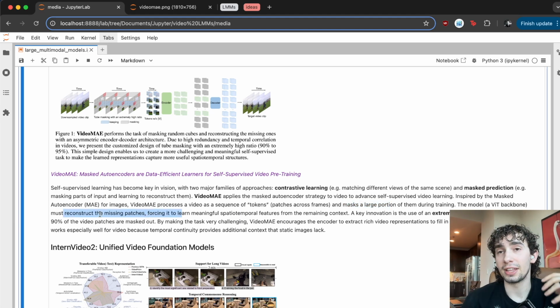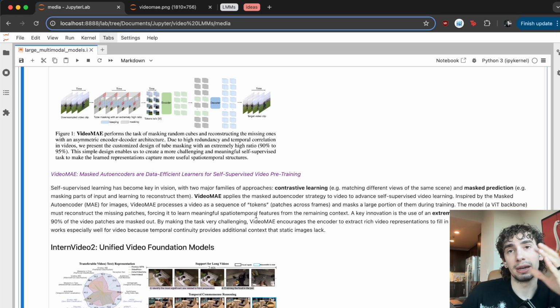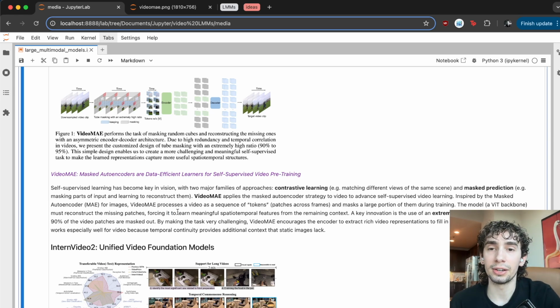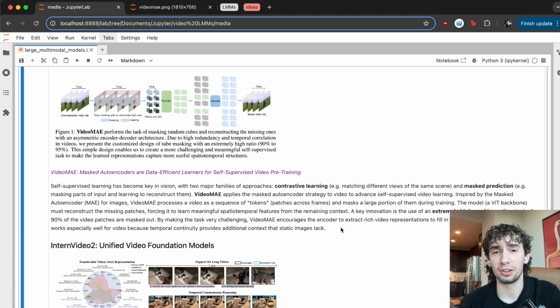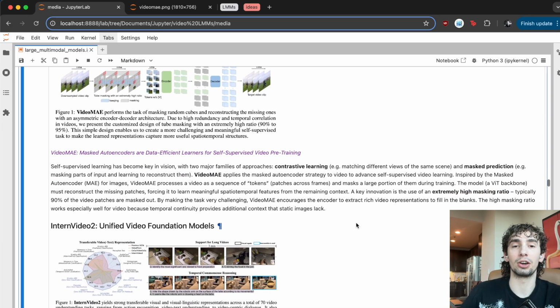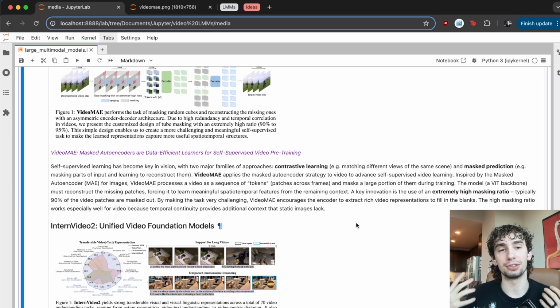Its training is then encouraged to reconstruct the missing patches, and through reconstructing and comparing to the original perfect video that's unmasked, it learns very meaningful spatiotemporal features from the context that it's passed through. And with a few specific techniques along the way, the VideoMAE model really encouraged the encoder to extract very rich video representations from this training method.